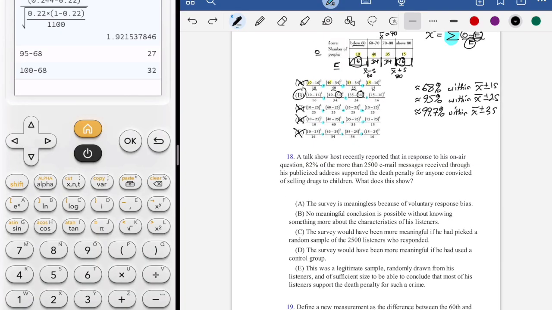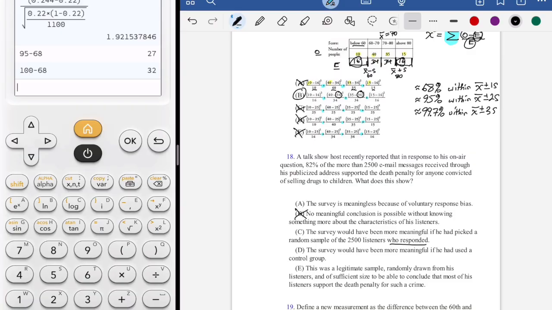Voluntary response, something more about the characteristics of his listeners. I don't think we care about that. The survey would have been more meaningful if he had picked a random sample of the 2,500 listeners who responded. Well, the fact that they chose themselves to respond would be the issue. And it doesn't look like they were polled in a more direct way.